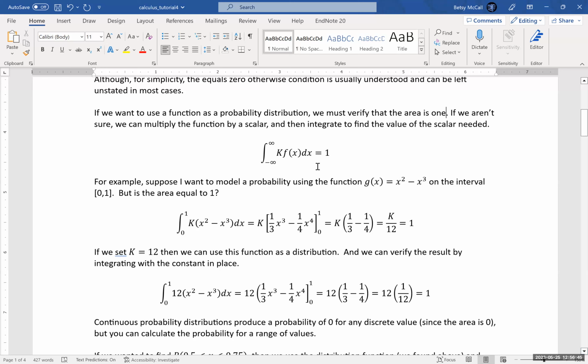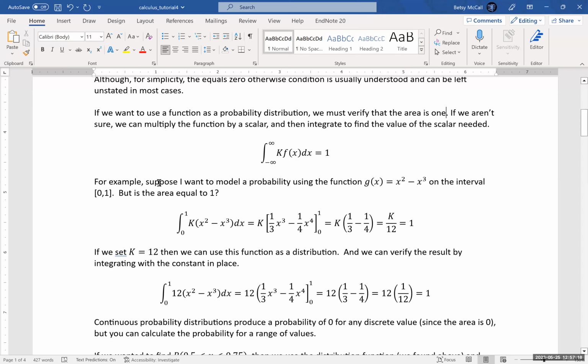So if we have a function that we would like to use as a probability distribution, we just need to make sure that it scales properly so that it is equal to 1 when we integrate it over the region where it's defined. So we want this particular shape. We multiply the function by a scalar constant k. We integrate it, we set the result equal to 1, and then we can find the value of k that we would need in order to make this a valid probability distribution.